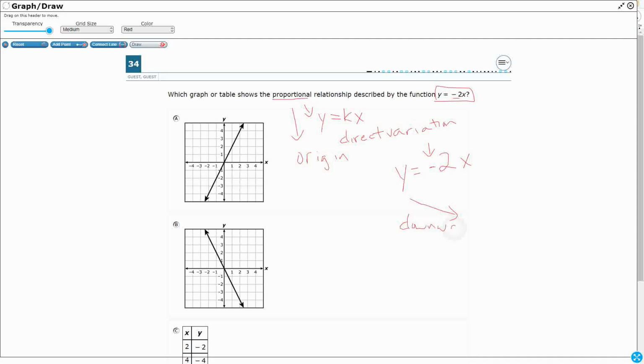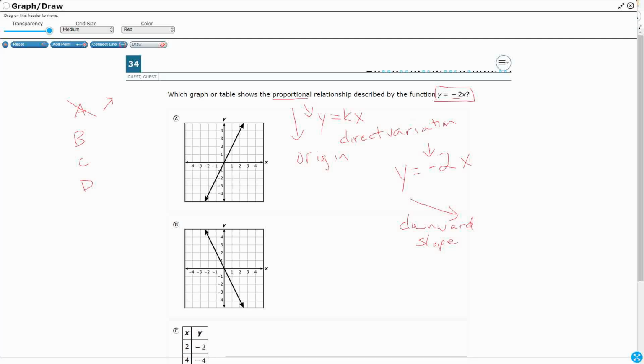So when you have a negative number in that k or that m position, depending on which one you're using, it is going to be down moving from left to right, which means we can already go ahead and get rid of A simply because that's moving up from left to right. All right, so A moves up and we want something that moves down. B possibly could be it. The negative at least tells us that B is a possibility.